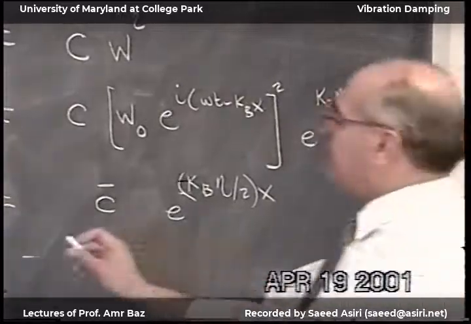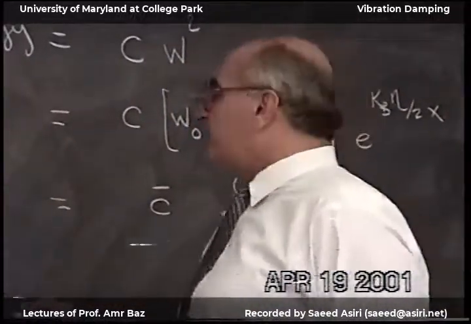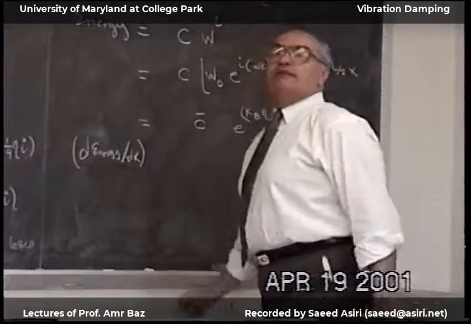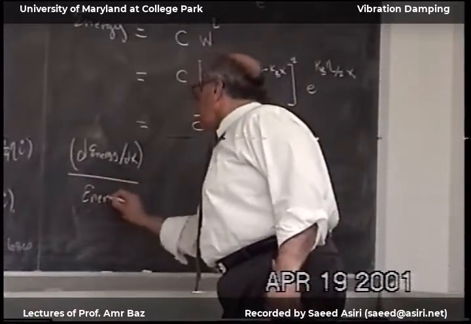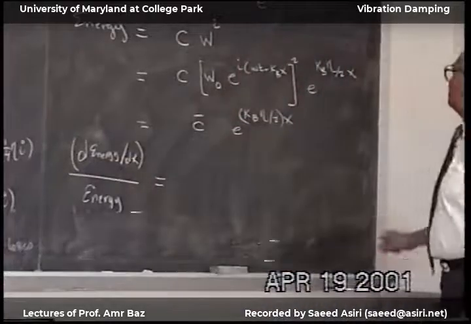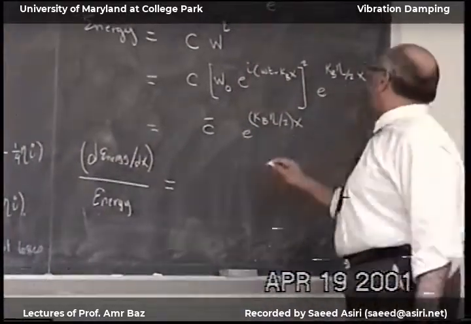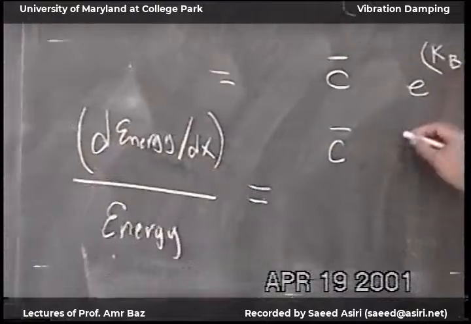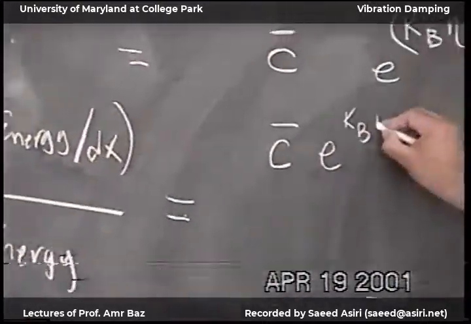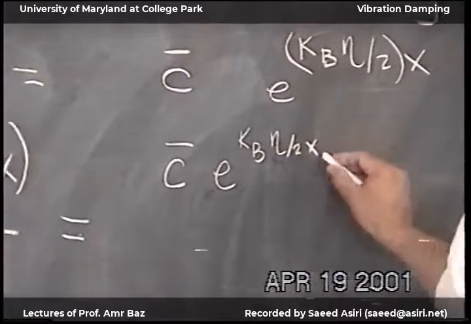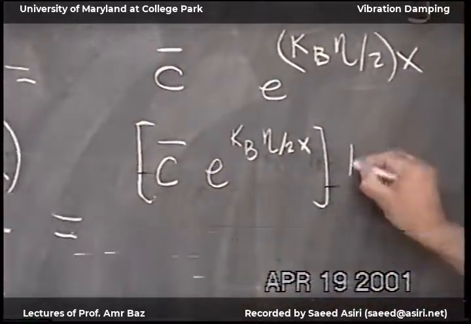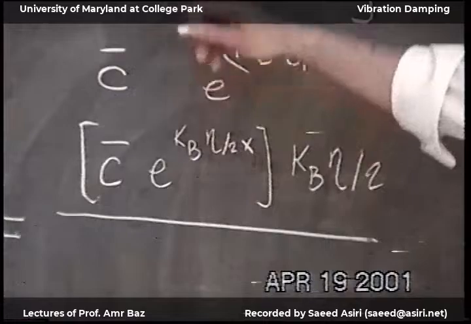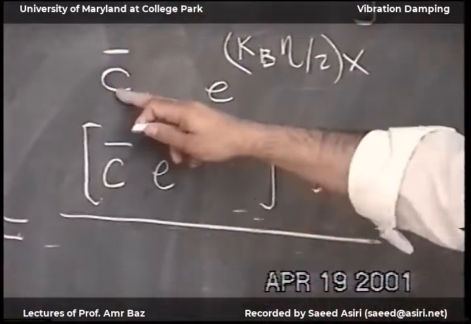And then now we said if I take this and get the derivative of this energy with respect to x, and divide it by the energy, then this will equal, when I take this derivative, C prime e to the k_b eta over 2 and x times k_b eta over 2, and then the denominator, the energy, is everything here, which is the C prime times this.